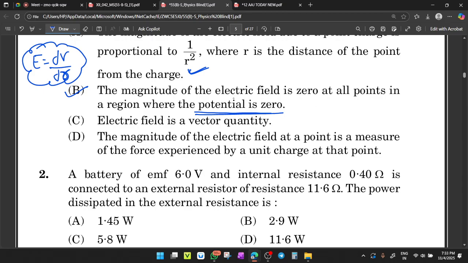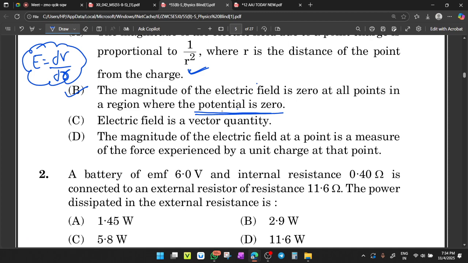But remember, its converse is not true. When potential is 0, then electric field is 0. But when electric field is 0, it is not necessary that potential is 0.